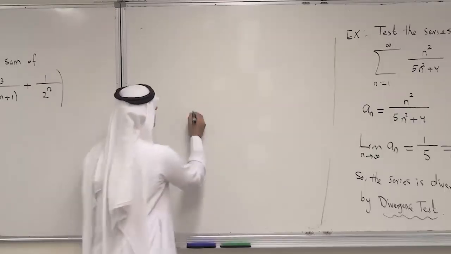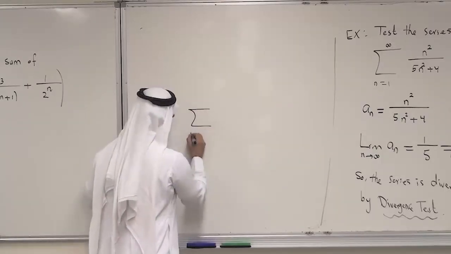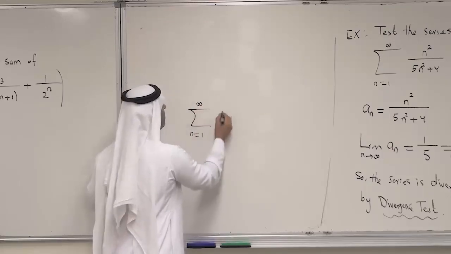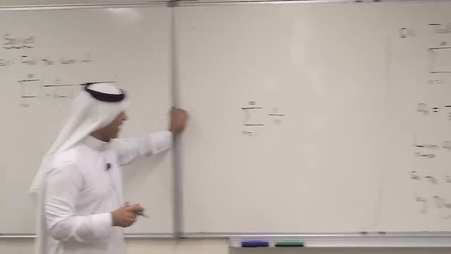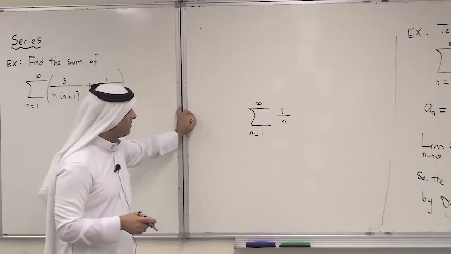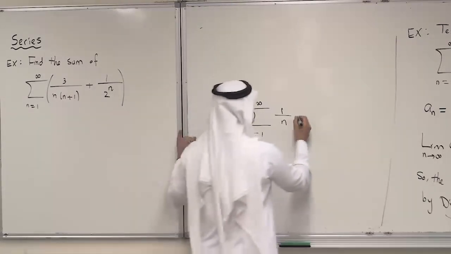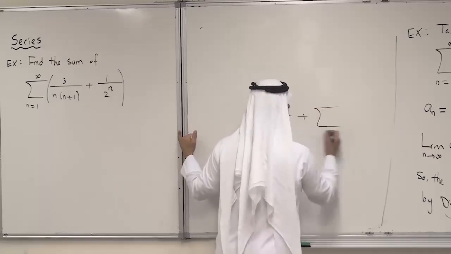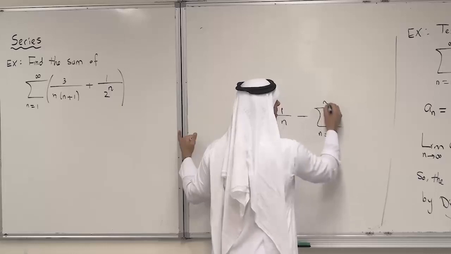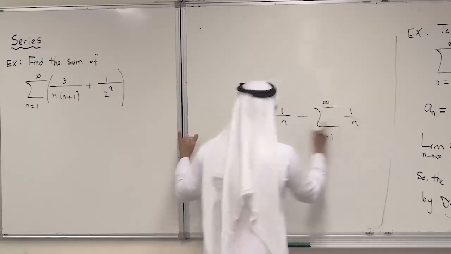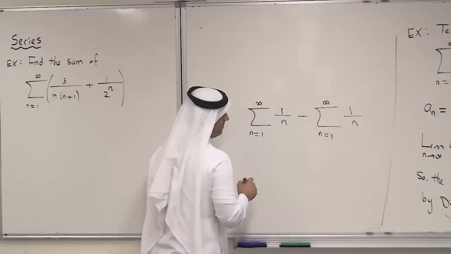Look at this series, which, at least as far as we know until now, is the sum from 1 up to infinity of 1 over n. This is a divergent series, okay? If you subtract from it another divergent series, which is actually the same series, the sum up to n of 1 over n, this is divergent, this is divergent.